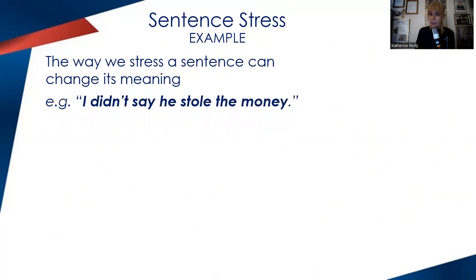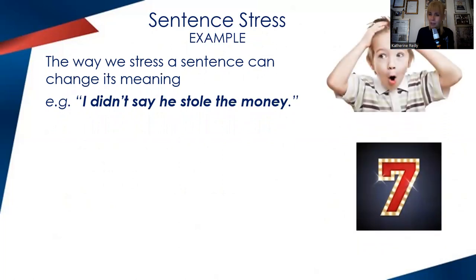We have the sentence, I didn't say he stole the money. How many different ways can we actually pronounce this sentence? Since this is a rehearsal, I can imagine that the audience would reply, but I'm going to answer right away, 7. Yes, there's 7 different ways, as many as the number of words in the sentence.